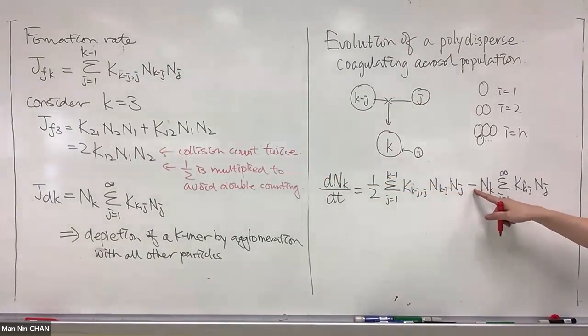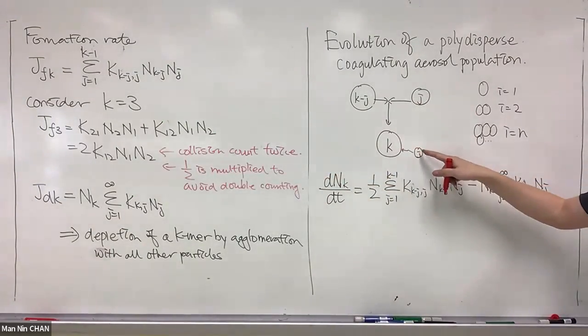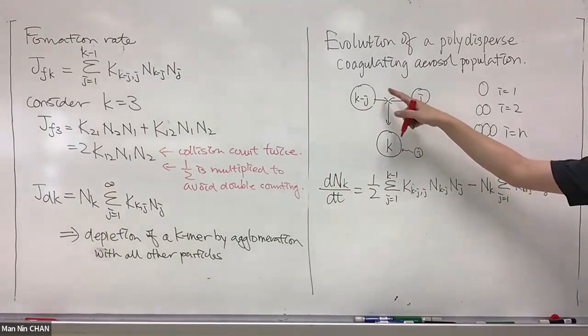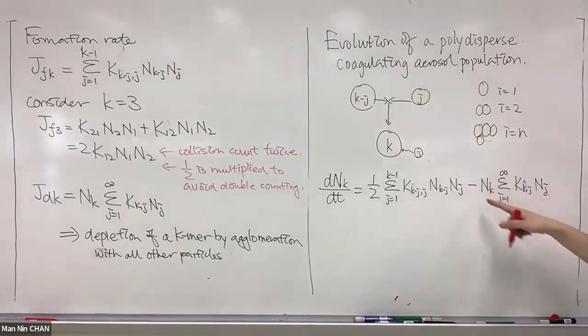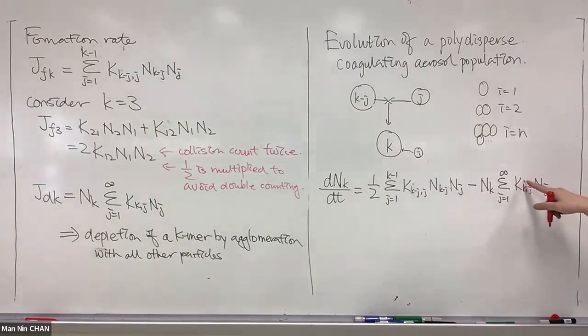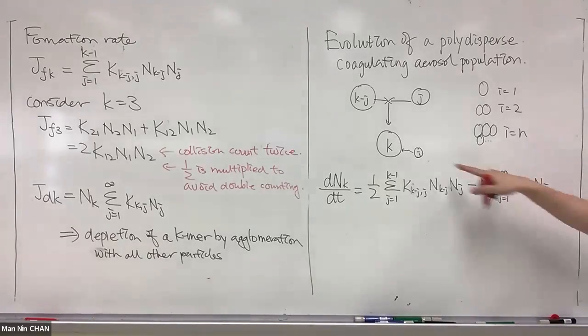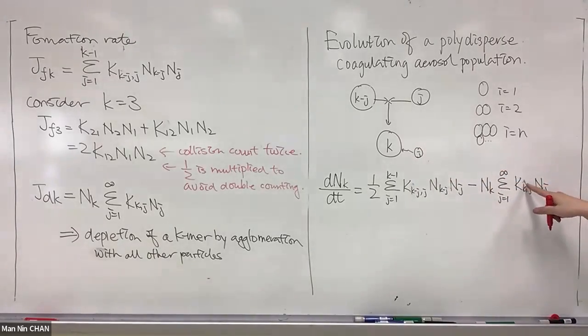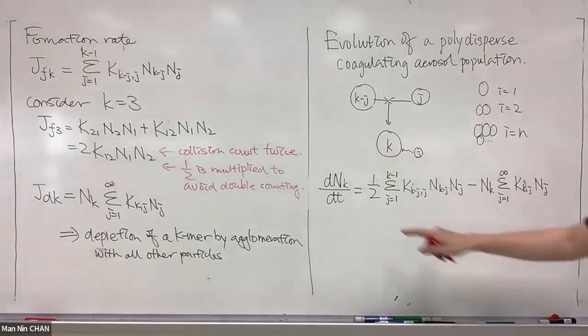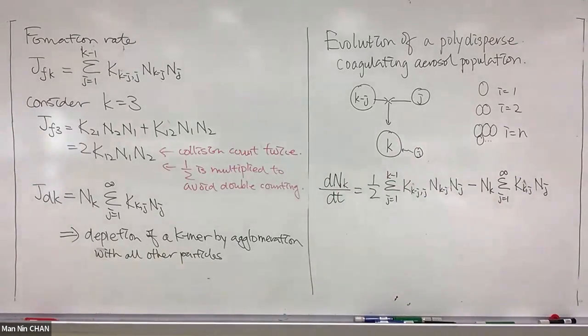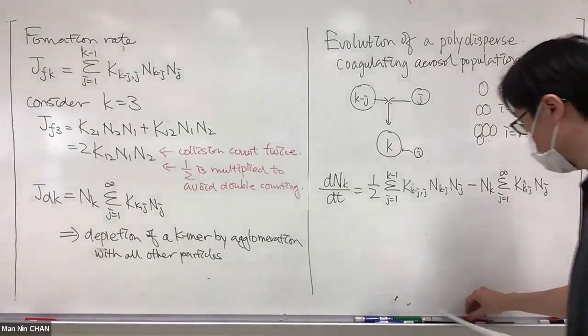And then minus, remember, once you form this Kmer, it can also collide with other molecules. So you have this Kmer times the coagulation coefficient of Kmer with all other molecules, so it's K_kj here, times all other molecules N_j, and then you do the summation. So this equation will give you what we call the discrete coagulation equation.